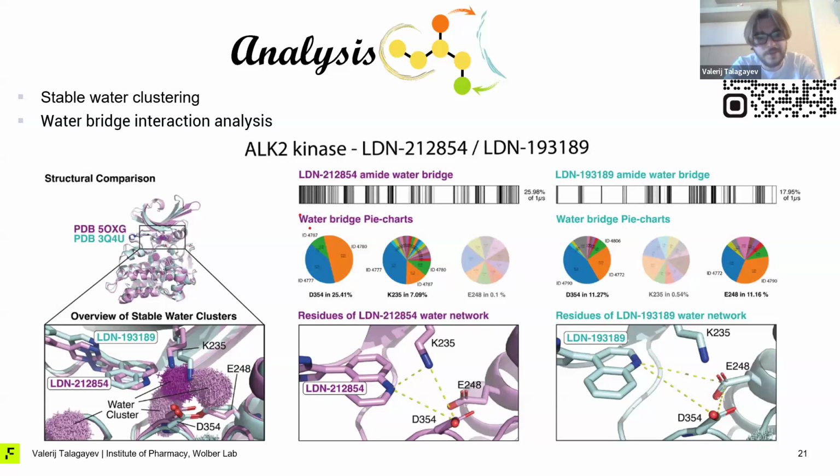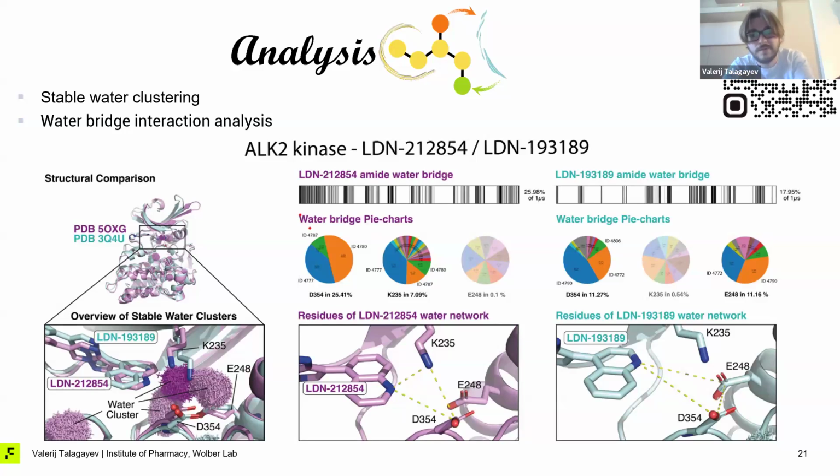Here in the lower left part you see two ligands, and they both interact with the ALK2 kinase. One of them was more potent than the other one, and the reason was the water bridge interactions that happened. In the middle picture you can see interactions with the lysine, the glutamate and the aspartate, whereas in the right figure there is only an interaction with the aspartate and glutamate.